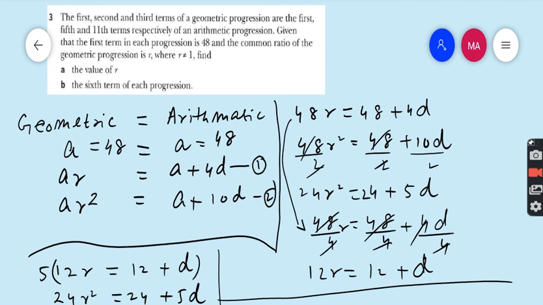The second part is the sixth term of each progression. Before I find the sixth term of each progression, first we have to find the value of the difference d.